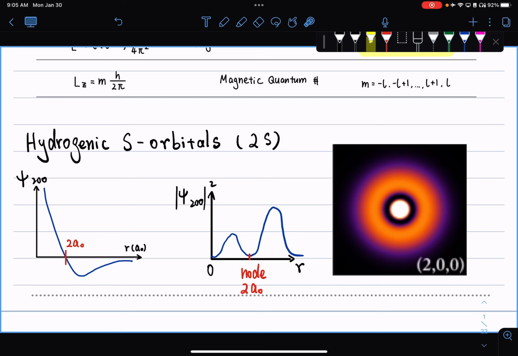The result of this radial node at around 2 Bohr radii is that you have low probability of finding the electron. This is the real electron contour plot, where the brighter the color, the more likely you find the electron in that region. What we have in this part is where our radial node is.